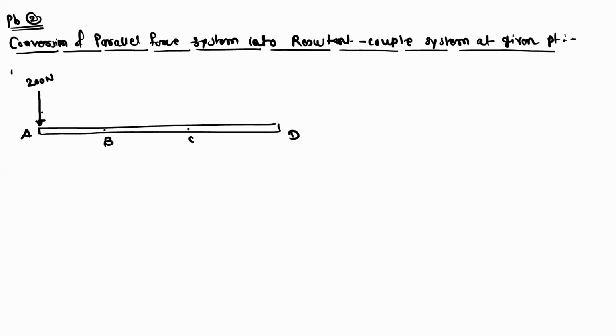So at point A, the force is 200 Newton in the negative y direction. Then at point B, the force is 300 Newton. At C, it is 150 Newton. And at D, it is 50 Newton.